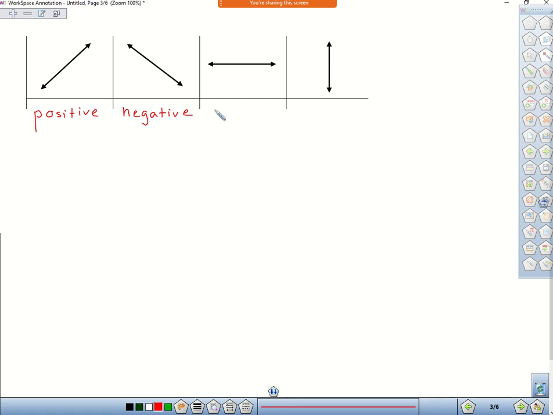Neutral is a good guess, it's actually called a zero slope. And anything vertical like this, we call that undefined. Because it doesn't have a slope. Because it doesn't move side to side. Exactly.